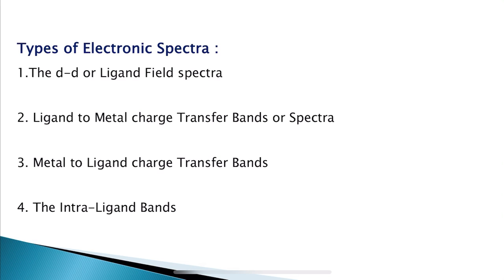For example, where metal ligand bonding has taken place, the bonding orbitals will be located primarily on the ligand, and non-bonding or anti-bonding molecular orbitals will be located primarily on the metal atom. Such a transition is called a ligand to metal charge transfer band.